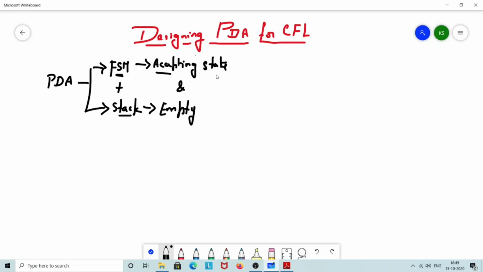If both these conditions are true, then the PDA will accept the string, saying that it belongs to the language. If either one of the conditions is false, then the PDA will reject the string, saying that it does not belong to the language. So keeping this in mind, let us consider a few problems and construct a PDA for the same.